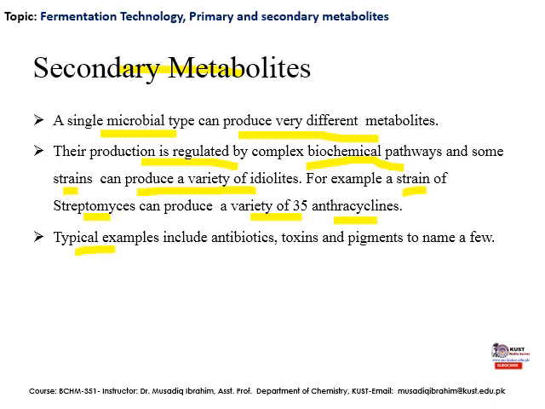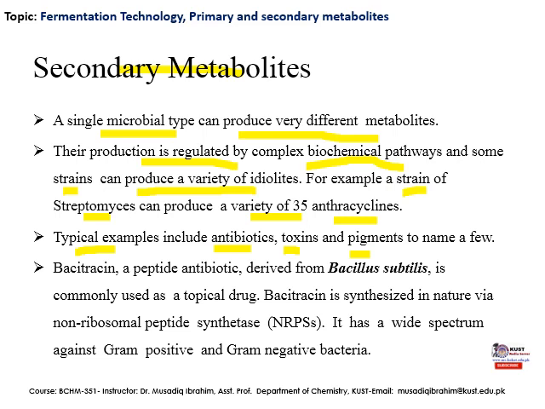Now, typical examples of secondary metabolites produced by microbial cells include antibiotics, toxins, and pigments, to name a few. For example, bacitracin, which is a secondary metabolite, is a peptide antibiotic obtained from Bacillus subtilis and is commonly used as a topical drug in the form of a cream or ointment.